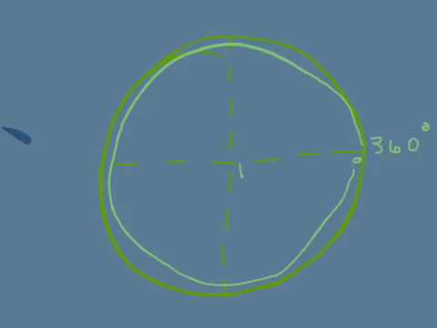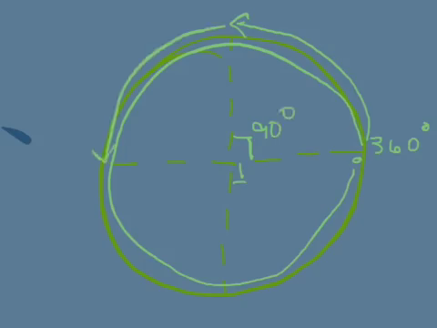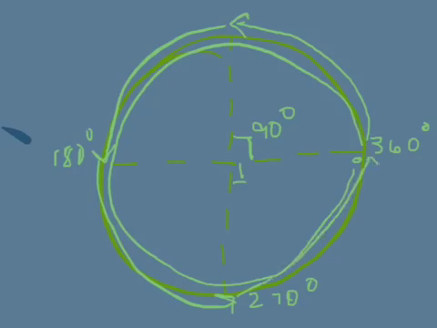Here are my right angles. From here to here is 90 degrees, and then from here to here is another 90 degrees, or half a circle, or half of 360 is 180. Then I add 90 more degrees and come up with 270 degrees. And then, of course, back to the end, which is 360.